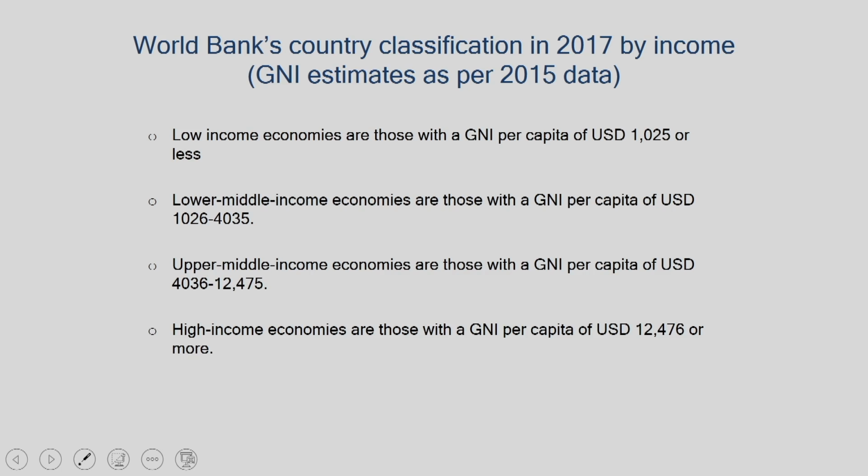Now, let me introduce you to the World Bank's country classification using the income criterion. Generally, in the literature of development economics or the growth literature, we do make references to developing countries, developed countries, underdeveloped countries and so on. However, the growth story of the last 25 odd years tells us that these categorizations have become very fluid.